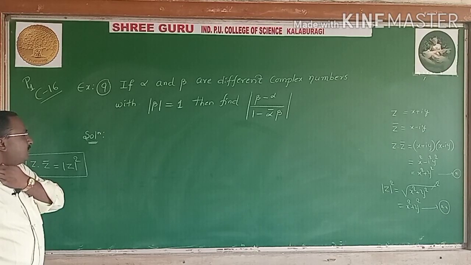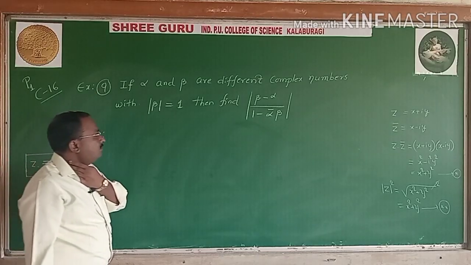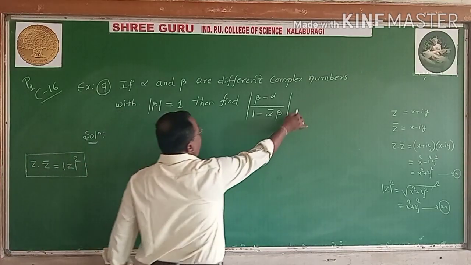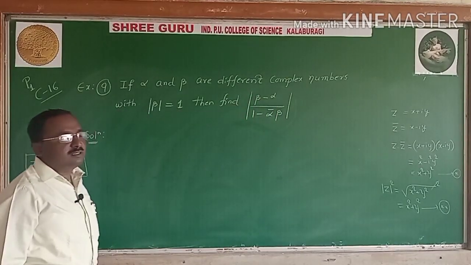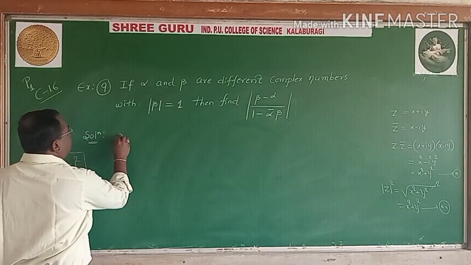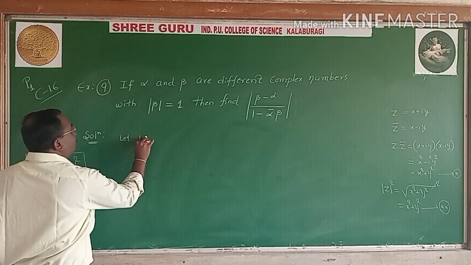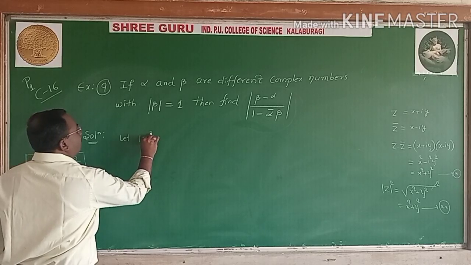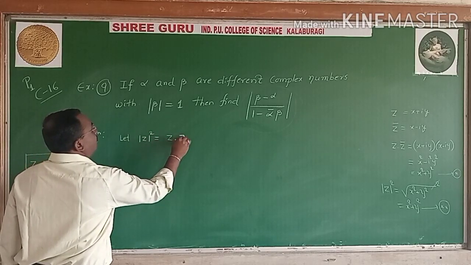This is a very important point. Take z as a complex number. Let modulus of z whole square be equal to z into z bar.